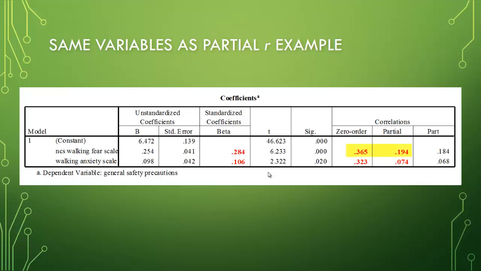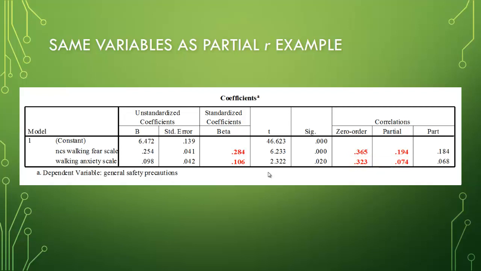While we saw that the partial correlation for the fear scale was 0.194, remember it had been reduced from 0.365 to 0.194. Now we're also able to see the partial correlation for general anxiety and how it contributes to explaining general safety precautions taken. Additionally, in the middle here, we have a significance column where the probability values are listed.